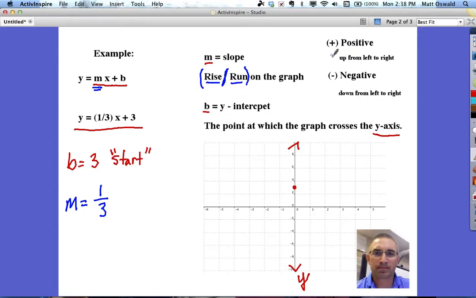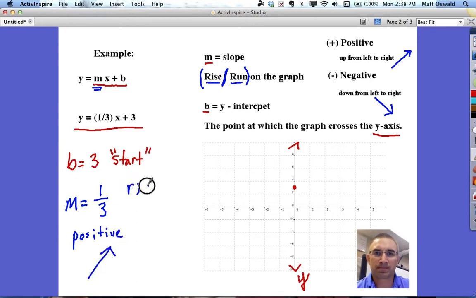If it's positive, the line will go up from left to right, and if it's negative, the line will go down from left to right. Notice in this case, we have a positive slope, so I already know that my line will be going up from left to right somehow.